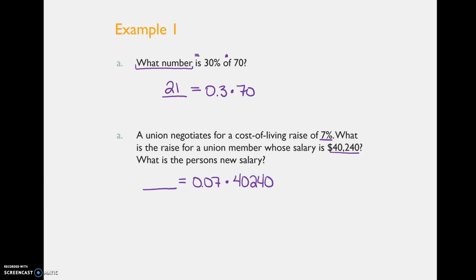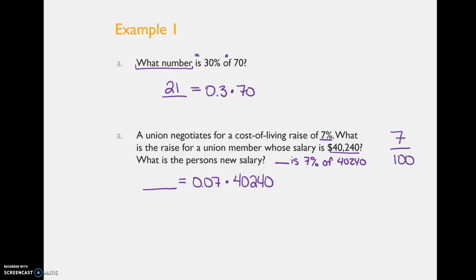So if you need to write it out, what number is 7% of 40,240? Remember, 7% means 7 parts per 100. So if you're struggling with how to change percents into decimals, do that number divided by 100, and that will give you the percent as a decimal.